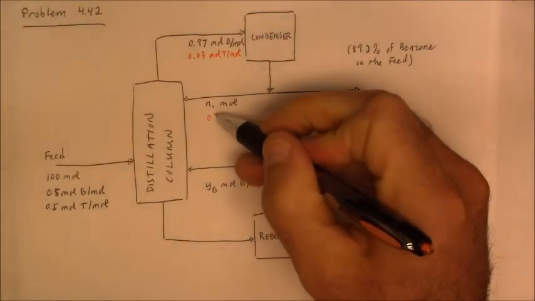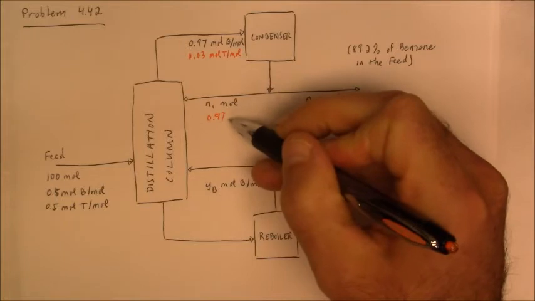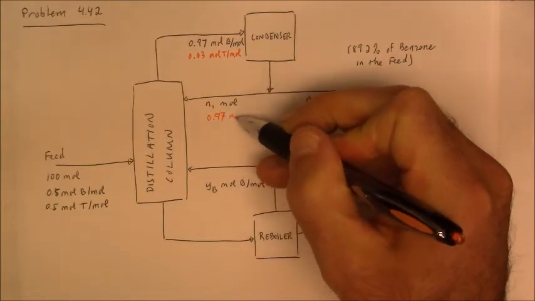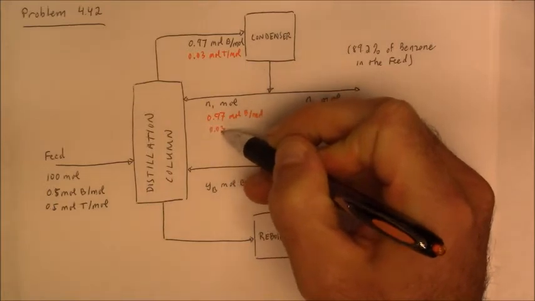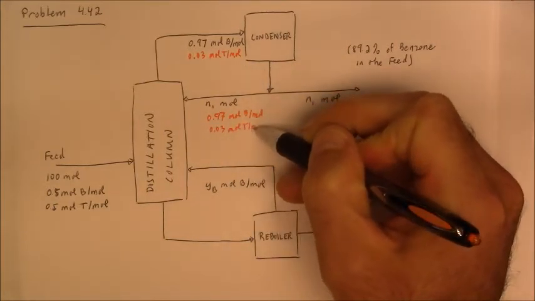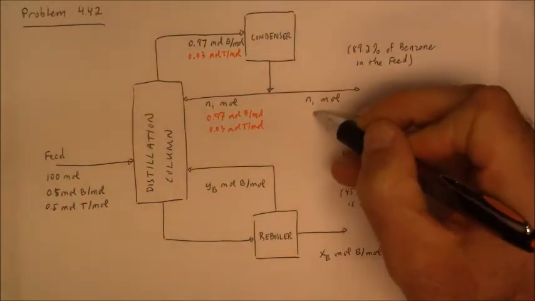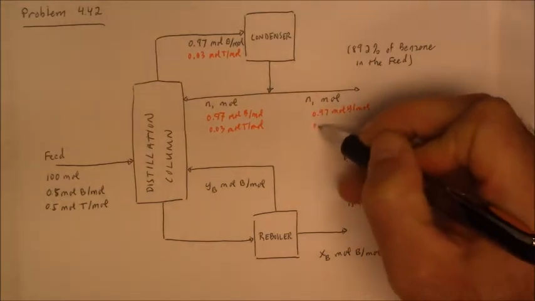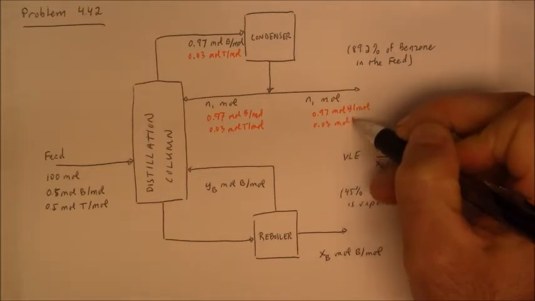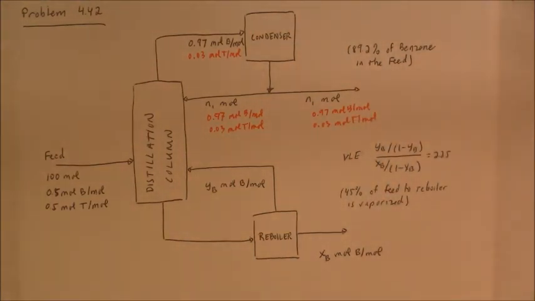Therefore, we know that we have 0.97 moles benzene per mole and 0.03 moles toluene per mole in this stream, and likewise for this stream, 0.97 mole B per mole, 0.03 mole T per mole.